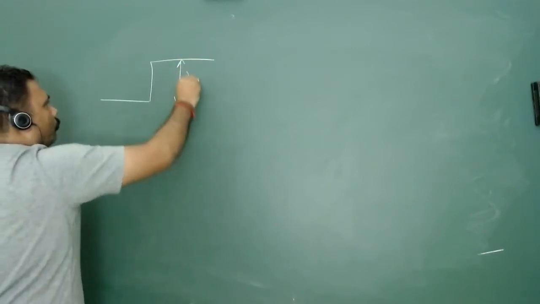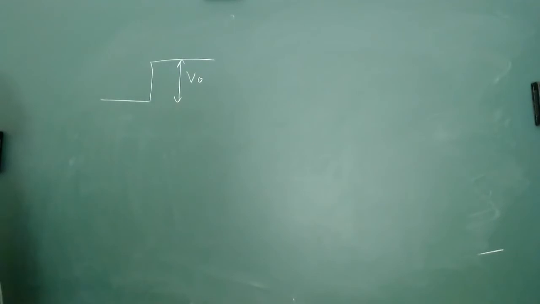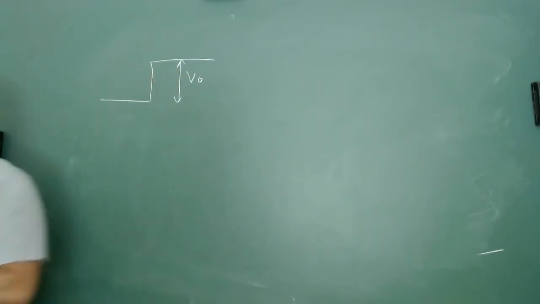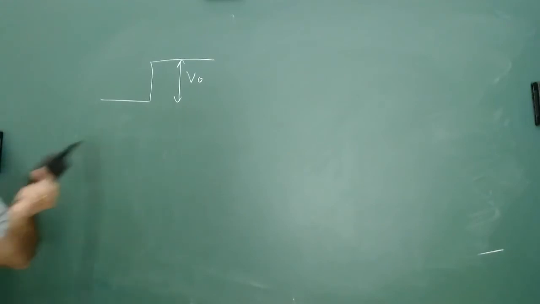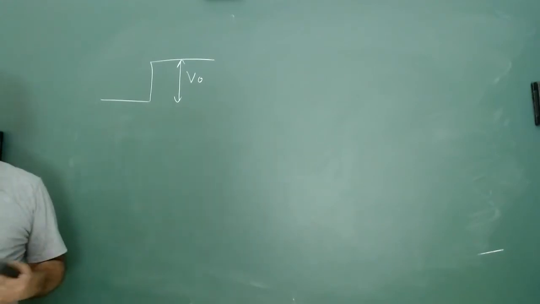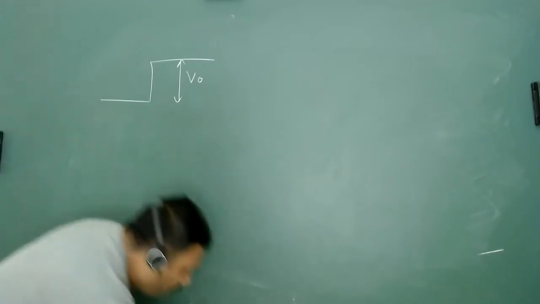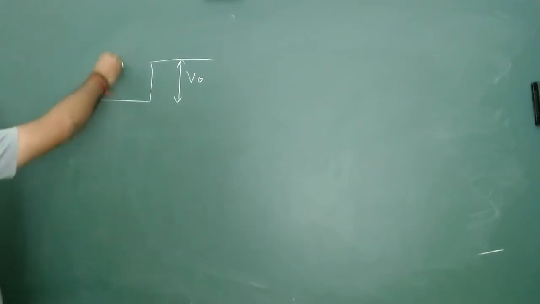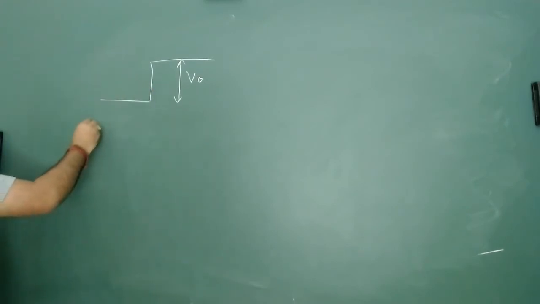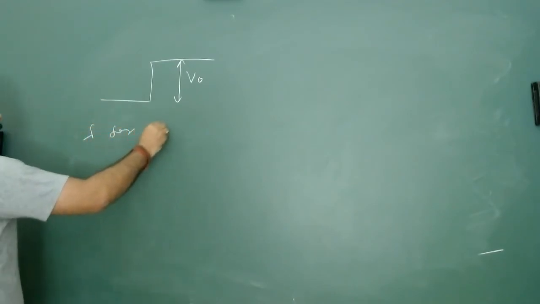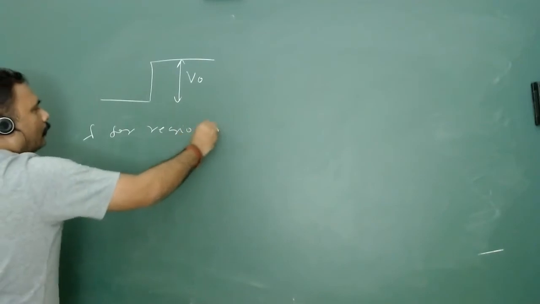We have V naught as my potential, and the particle will be interacting with this potential. Let's try to understand what will happen to the de Broglie wavelength for different energies.